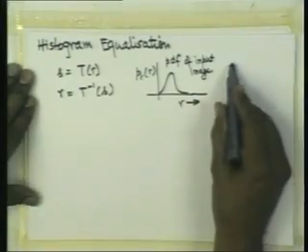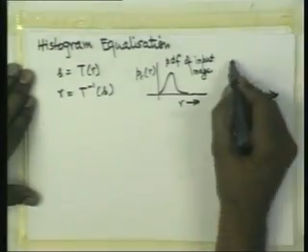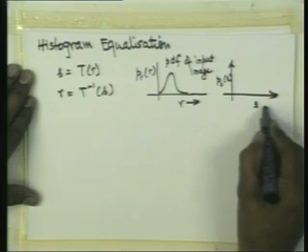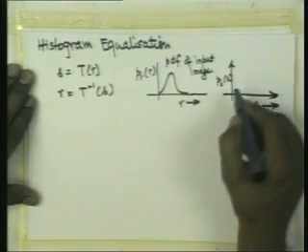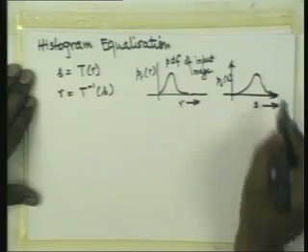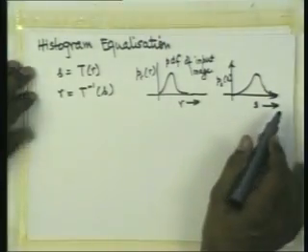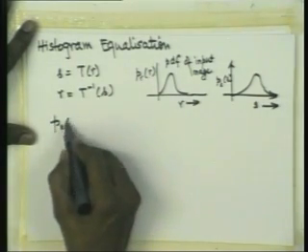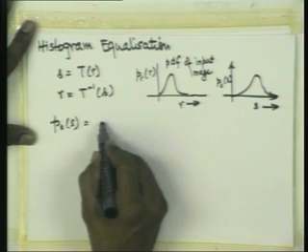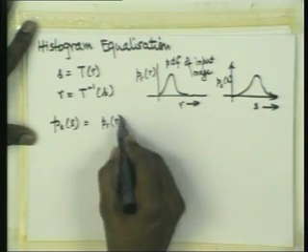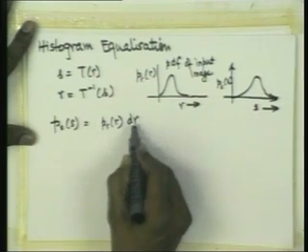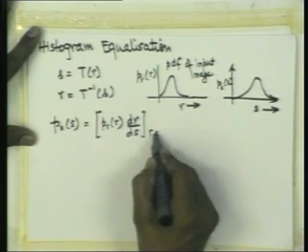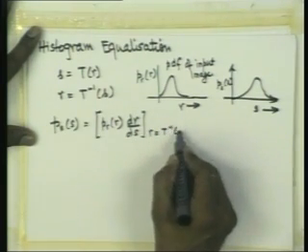Whatever the transformation is, it's going to lead to some probability density function for the output image, which I will say P sub S as a function of S, where S is the intensity of the output image, and it will have some other shape, whatever the shape is. The relationship between these two probability densities can be established, and that is given by Ps of S is equal to PR of R, that means the input image, times dR/dS, evaluated at R equals T inverse of S.